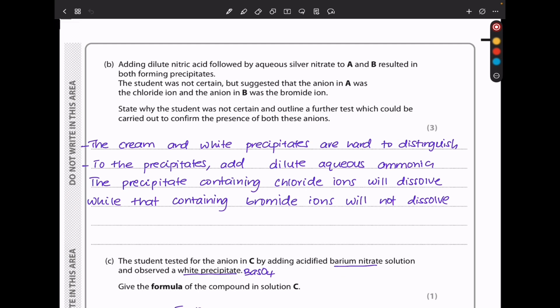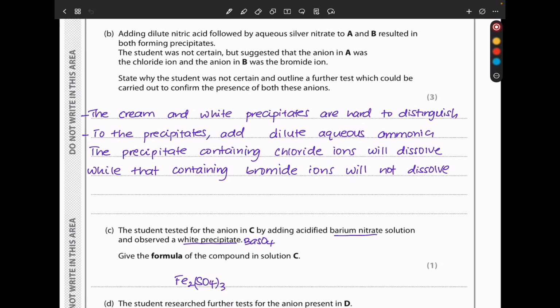In part B, adding dilute nitric acid followed by aqueous silver nitrate to A and B resulted in both forming precipitates. The student was not certain, but suggested that the anion in A was chloride ion and the anion in B was bromide ion. They say state why the student was not certain and outline a further test which could be carried out to confirm the presence of both these anions.